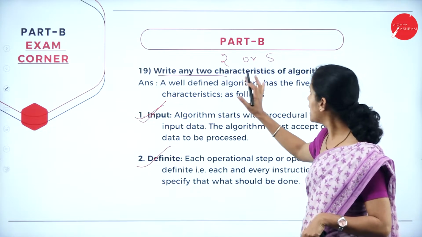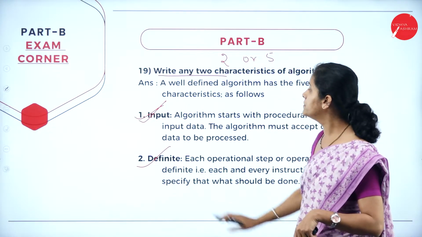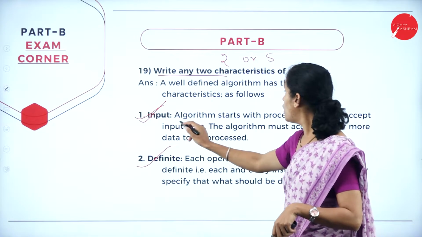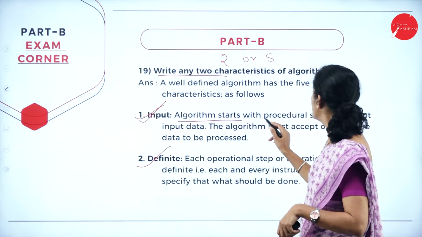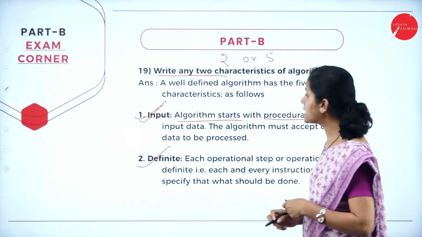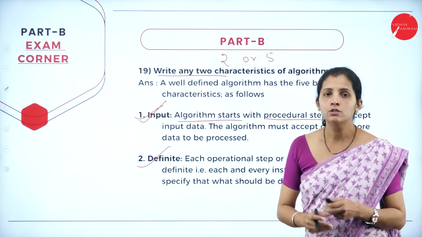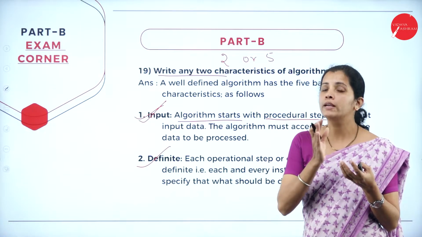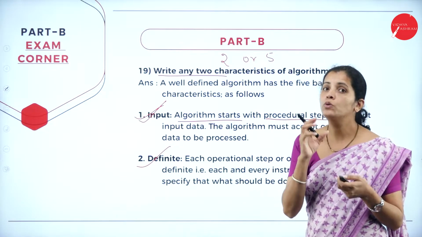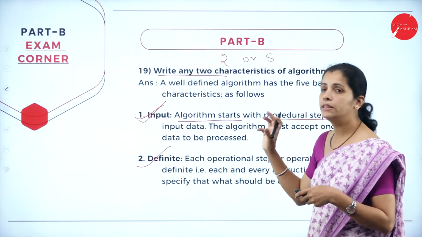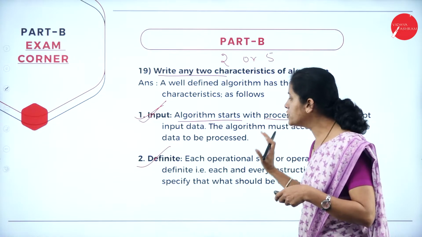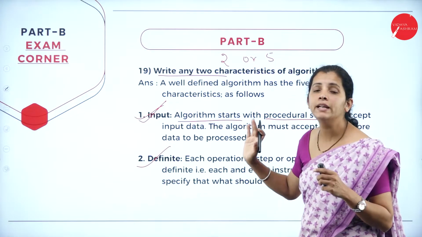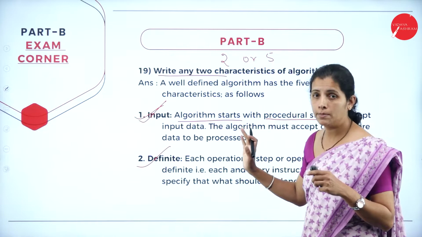So, what are the characteristics of algorithm? That is input. Algorithm starts with the procedural step to accept input data. So input means inputting data. Now, I am going to write the steps on how to input the data. Then, each operation must have a definite number of statements.